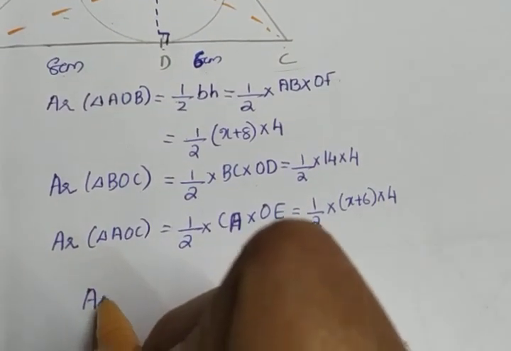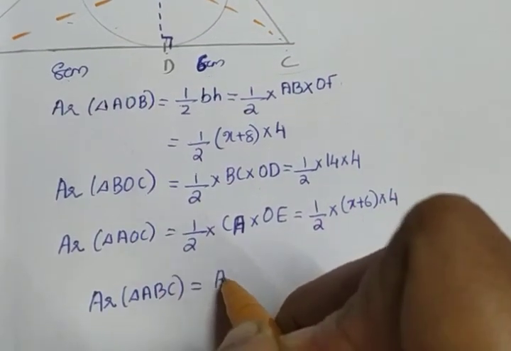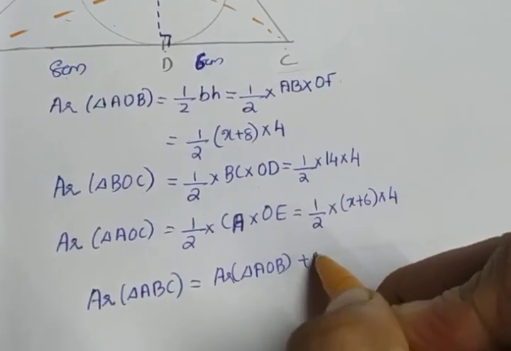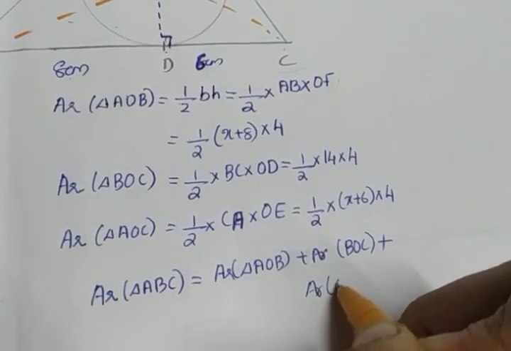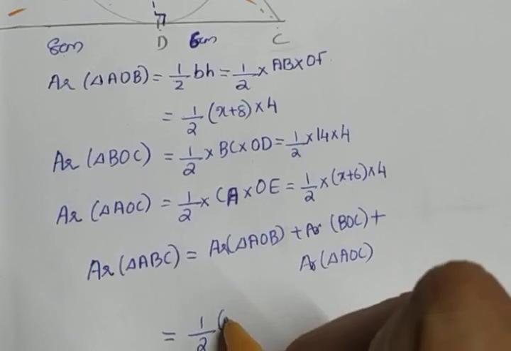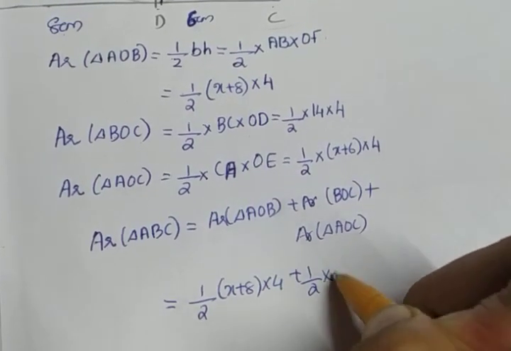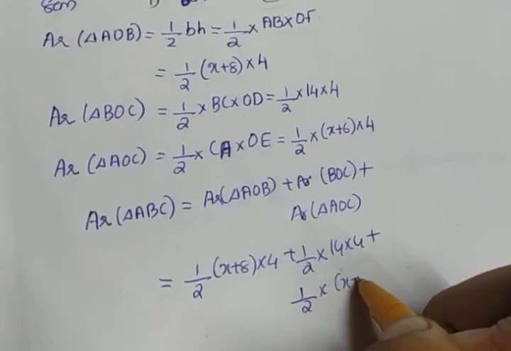So instead of finding the area of triangle ABC, we will calculate the area of triangle AOB plus the area of triangle BOC plus the area of triangle AOC. Just add it up: half into x plus 8 into 4, plus half into 14 into 4, plus half into x plus 6 into 4.